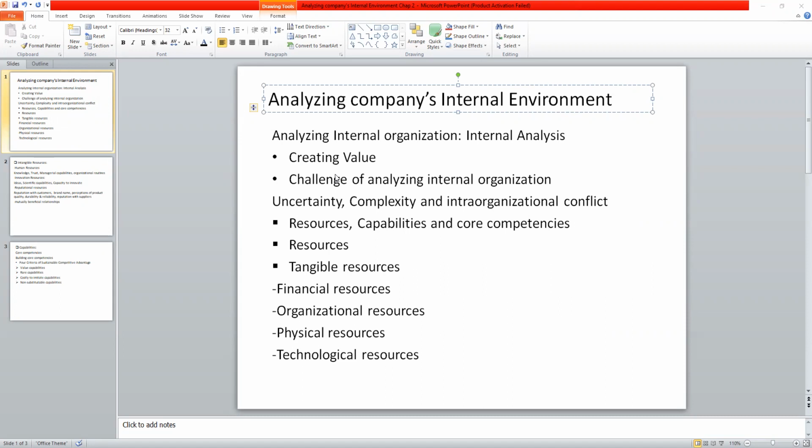Sometimes it does happen that firms also fail to understand the customer's value approach. For example, take General Motors, which focused more on visual designing to create value for the buyers.